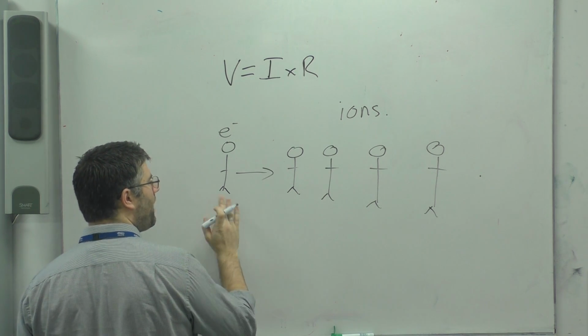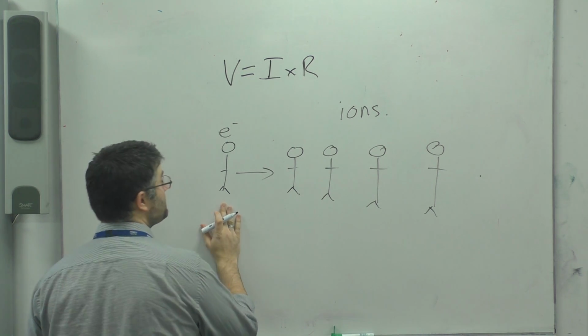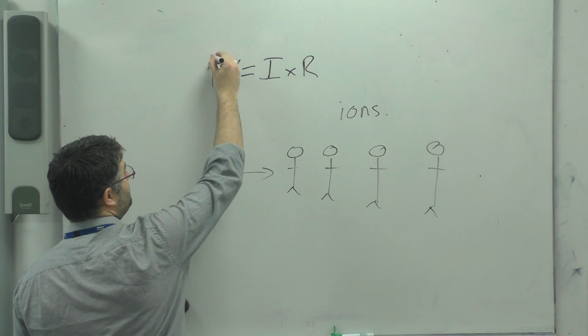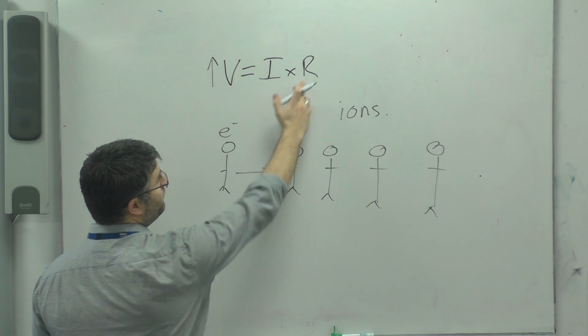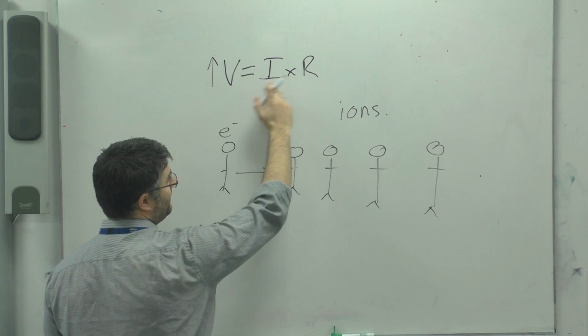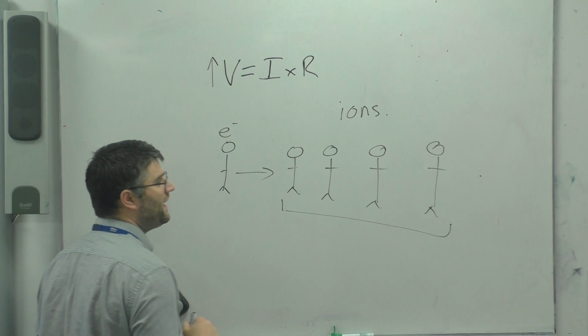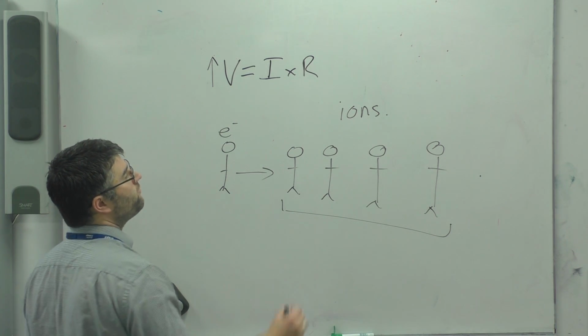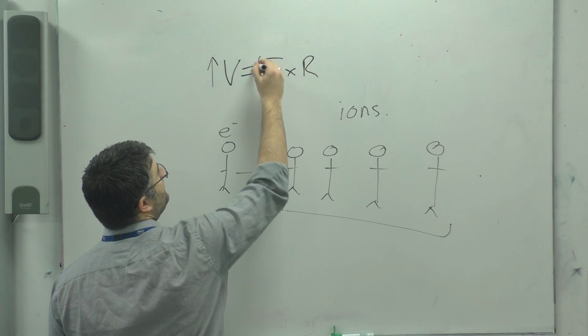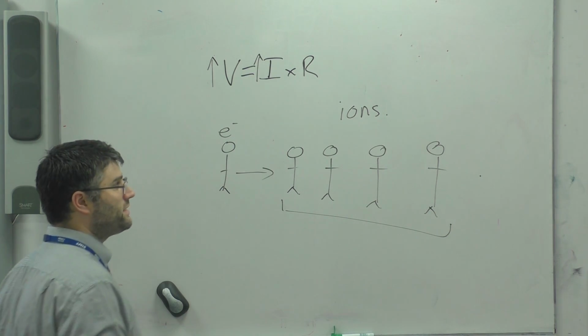But what happens if we give him more energy? What happens if we give him more voltage? If the resistance stays the same, i.e. the number of people or ions stays the same, then we would expect the current to increase as well.